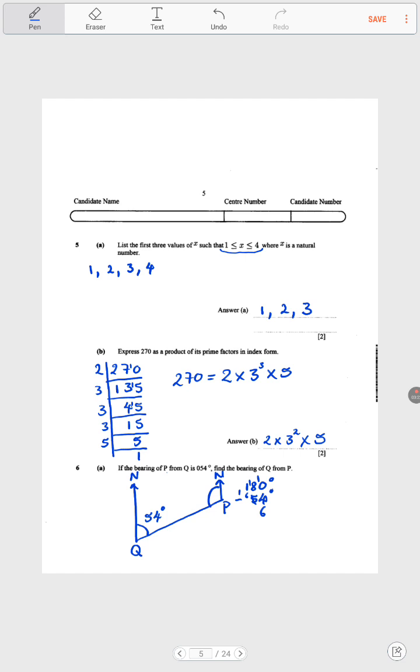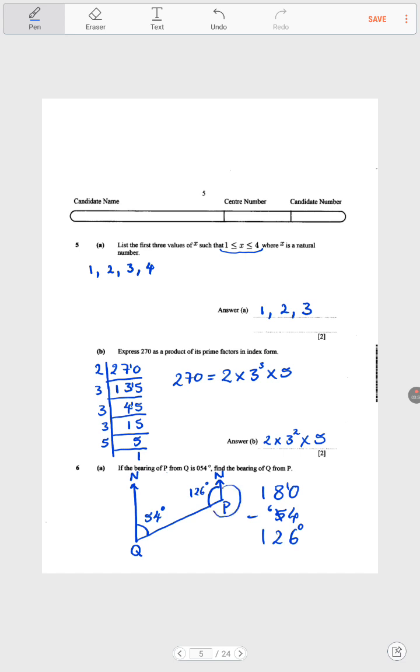Sorry, here I'm not supposed to do this. Let me just take out this part. So I'm going to say 180 minus 54. Here you get 6, and here you add 1, and here you get 2, and here that's 126. So this angle is going to be 126 degrees. And when you are measuring the bearing, you start from the north line going clockwise.